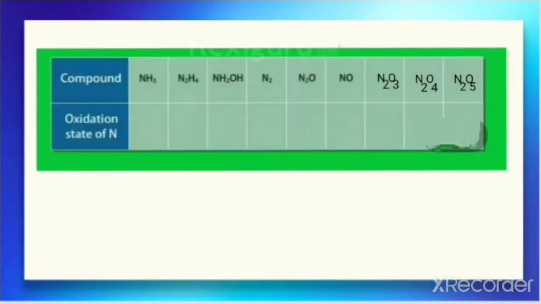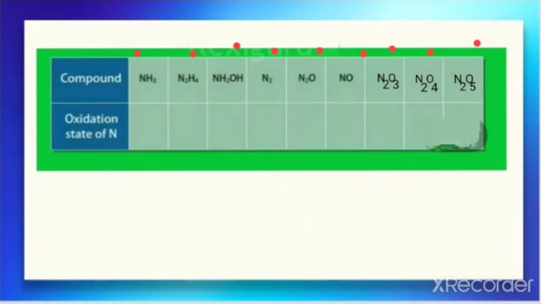Let us take some examples of compounds of nitrogen. Here are ammonia, N2H4, NH2OH, N2, N2O, NO, N2O3, N2O4, N2O5.